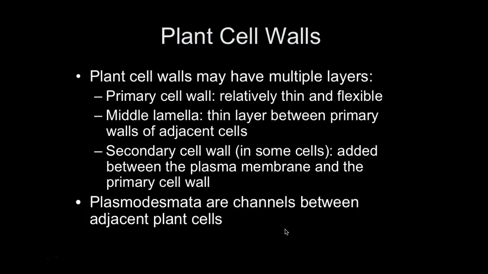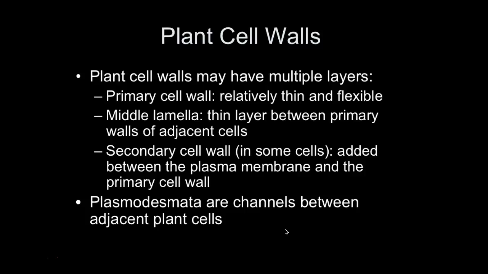Between the two, you have the middle lamella. The middle lamella is a thin layer between primary walls of adjacent cells. So you have a primary cell wall of one cell meeting the primary cell wall of another cell, and in between you have the space that we call the middle lamella.